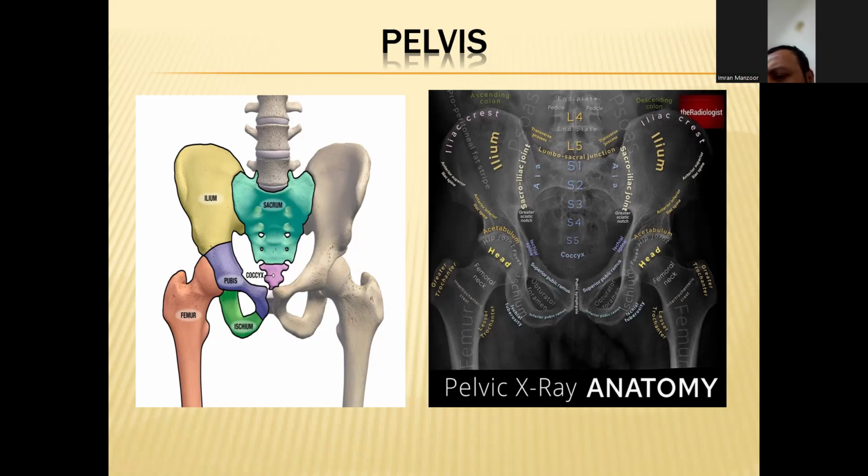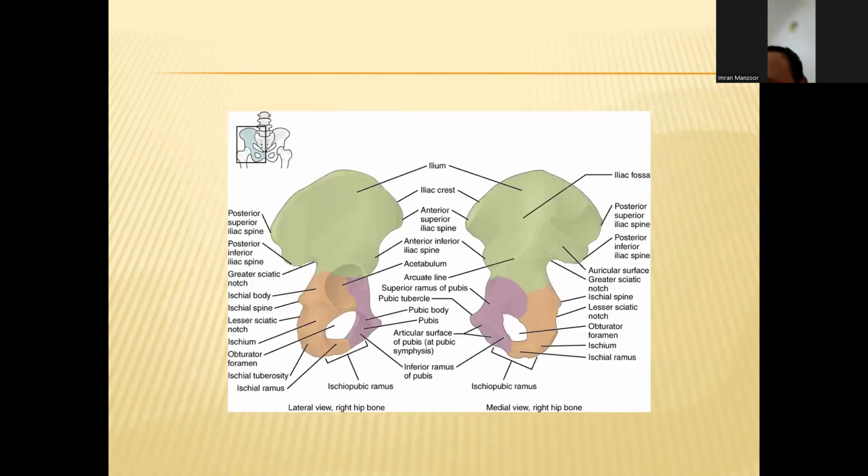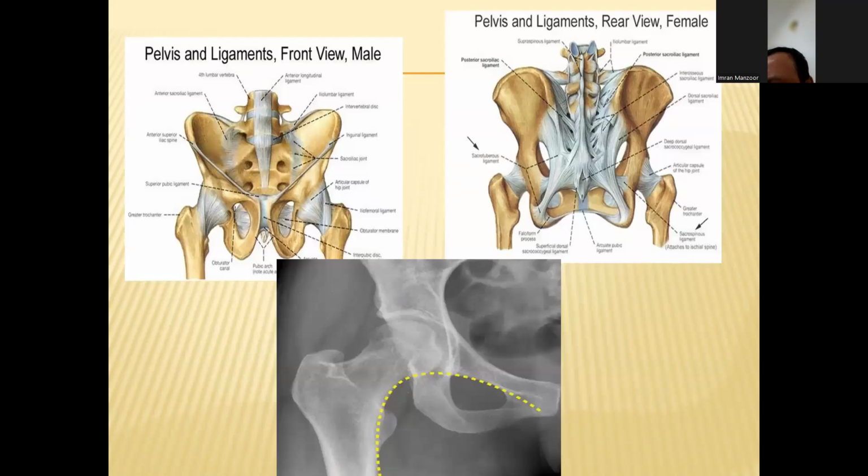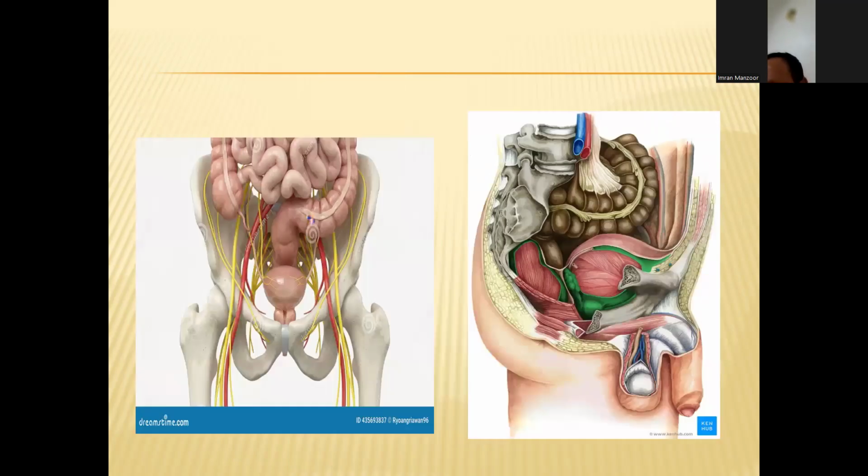Now we can see some important structures passing through the pelvis, because any fracture in the pelvis can injure the vessels or the nerves passing through it. The abdominal aorta at the level of the sacrum divides into two branches, the right and left common iliac arteries, which further divide into the internal iliac artery and the external iliac artery.